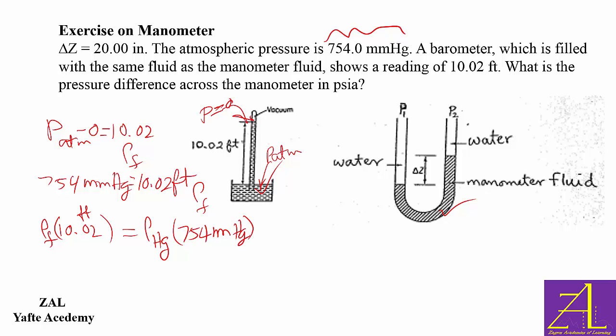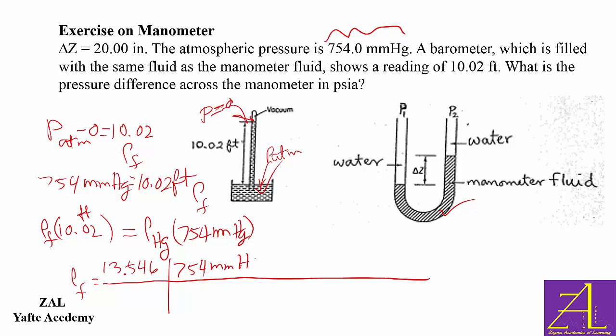Of course, the units have to be made consistent. Rho f equals 13.546, which is the specific gravity of mercury, multiplied by 754 millimeter of mercury divided by 10.02 foot.